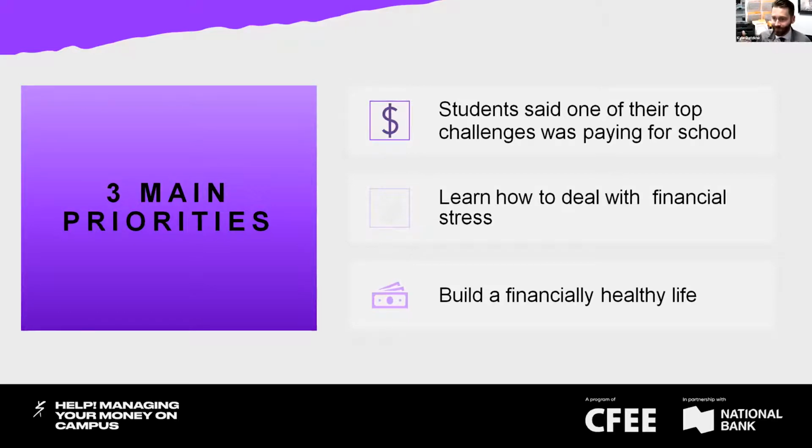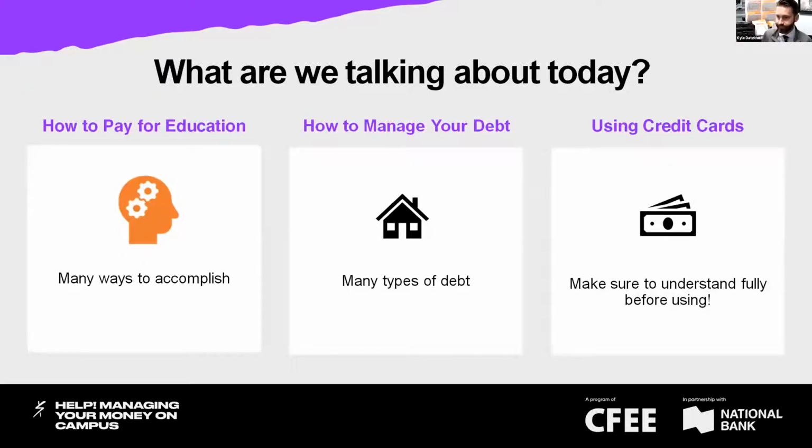If I had taken part in that survey, I would have qualified for all three of those answers: the challenges of paying for school, dealing with financial stress, and ensuring that I build a financially healthy life moving forward.